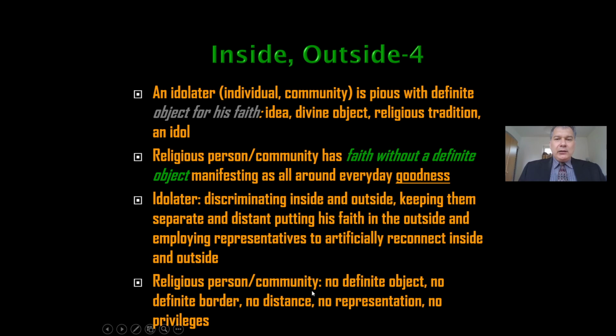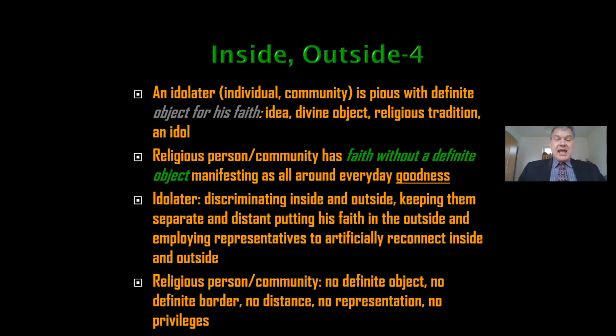So an idolater is pious, but pious with a definite object for his faith. And that definite object is a highly fixed, highly standardized conception. Okay? It's an idea, a divine object, a religious tradition, an idol, a dogma. Okay?